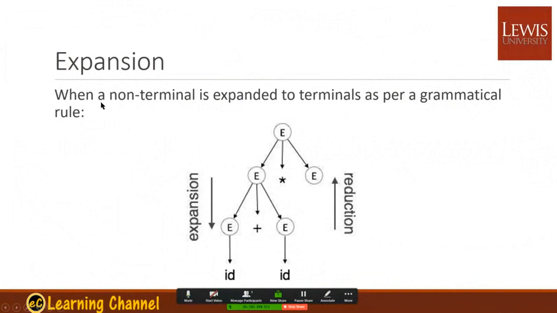Expansion is when the non-terminal expands to terminals per grammatical rule. The downward way is called expansion, and upward is called reduction. If you get a value and move up, that is reduction. If you try to evaluate deeper, it's actually expansion.